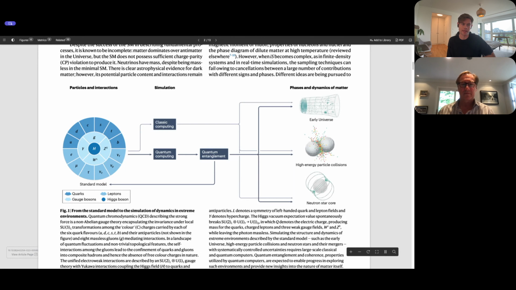So I was just about to ask, as a follow-up on the high energy particle collisions, if we're looking at CERN and these kinds of places where we are doing high energy particle collisions right now, we're to some extent leveraging classical computing for that, or we're leveraging lots of classical computing, but we don't get the full picture from it. What is it that we're lacking when it comes to understanding those particle collisions?